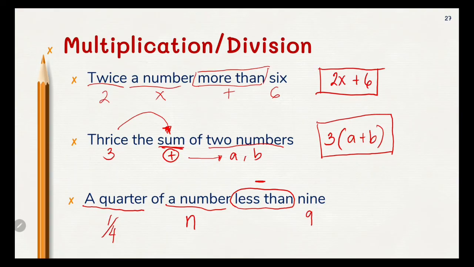Okay? A quarter of a number less than 9. So that would mean the positions are interchanged, no? So instead of starting with a quarter of a number, I'm going to start with 9. 9 minus a quarter of a number. That's it.